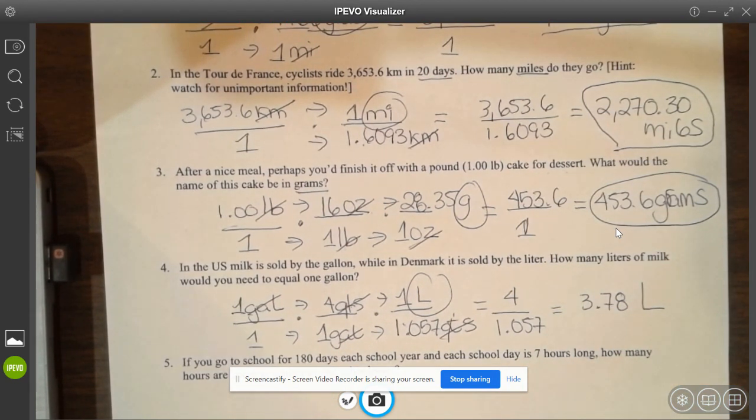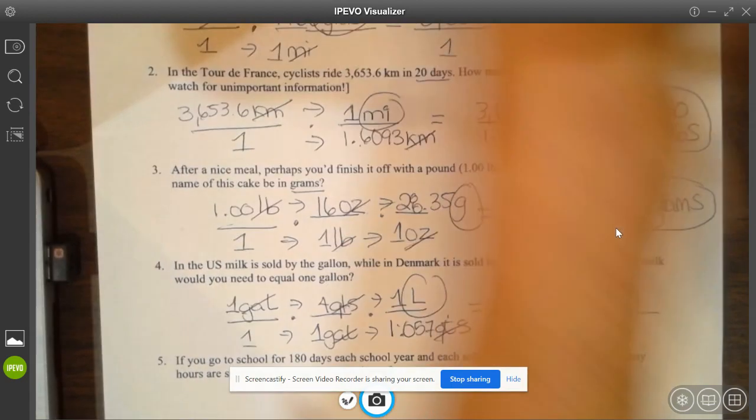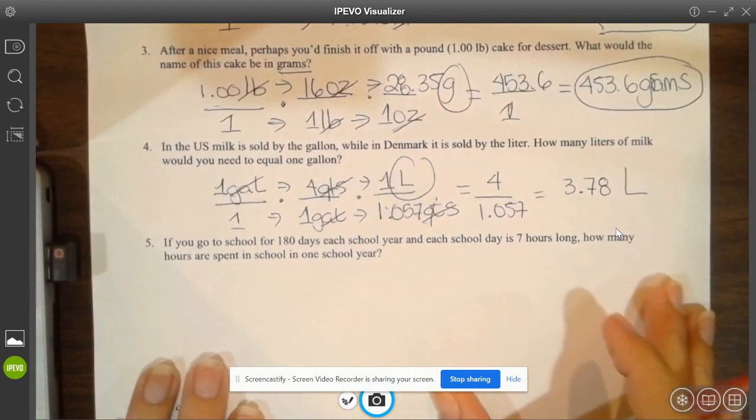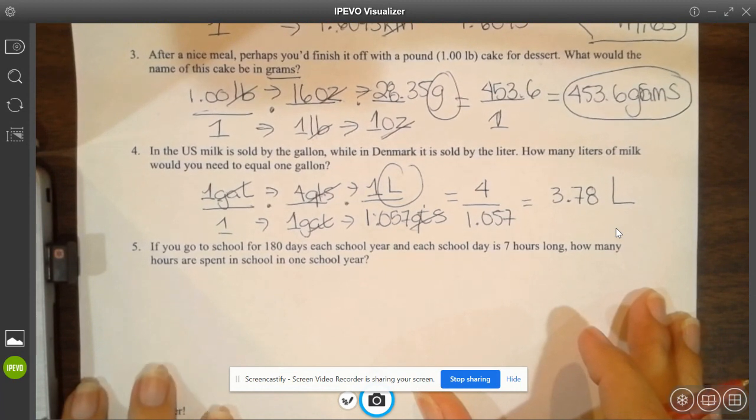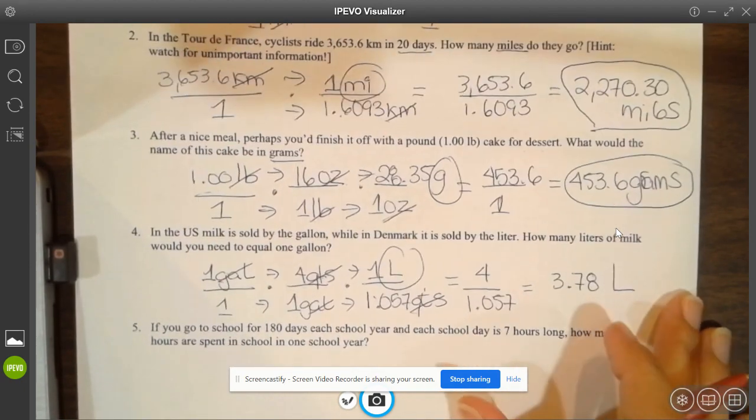All right, so let's keep going. One more. It says, if you go to school for 180 days each school year and each school day is 7 hours long, how many hours are spent in school in one school year? Oh, let's check that out then.